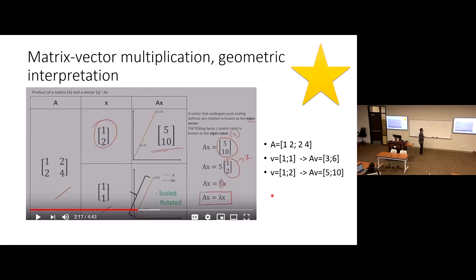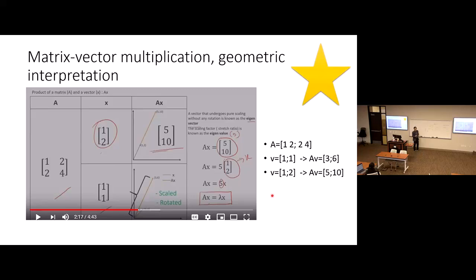When we write this into the equation, that will be A, which is a squared matrix, times this particular vector, which is specially selected.